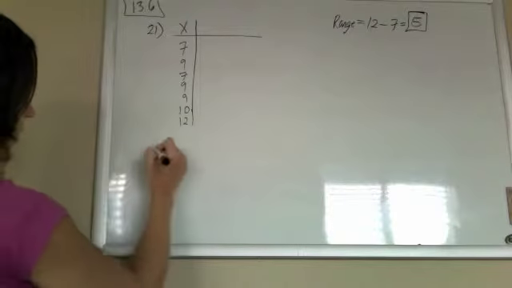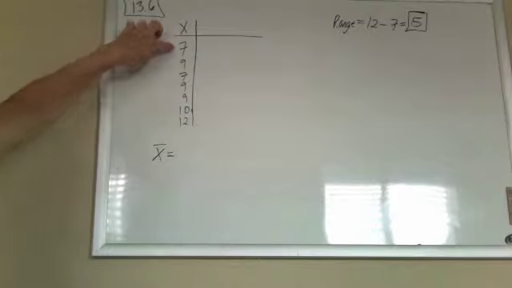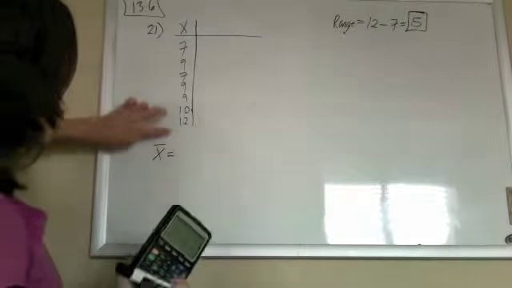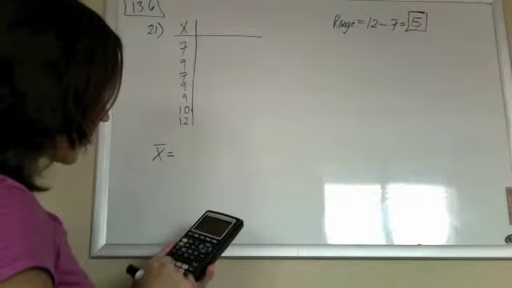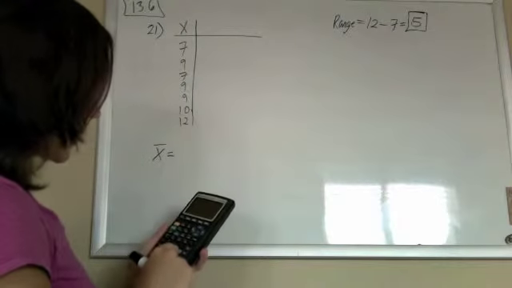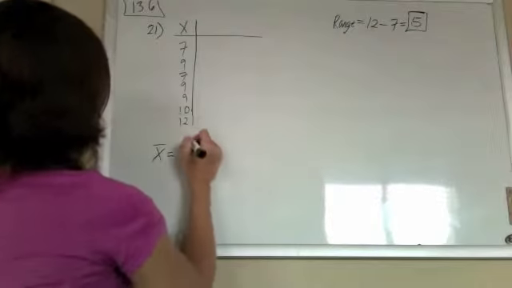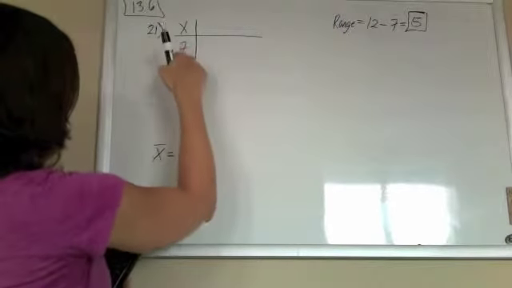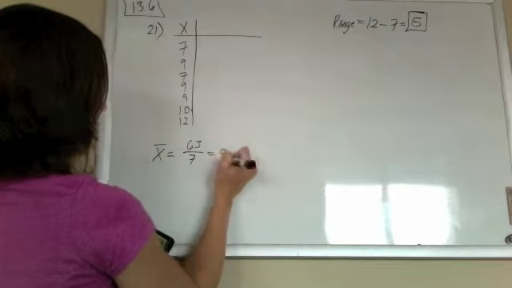Now to start finding our standard deviation, we need the mean, or the average, same thing. So we're just going to add up all these and divide by how many we have. So 7 plus 9 plus 7 plus 9 plus 9 plus 10 plus 12, 63 divided by 1, 2, 3, 4, 5, 6, 7 is 9.